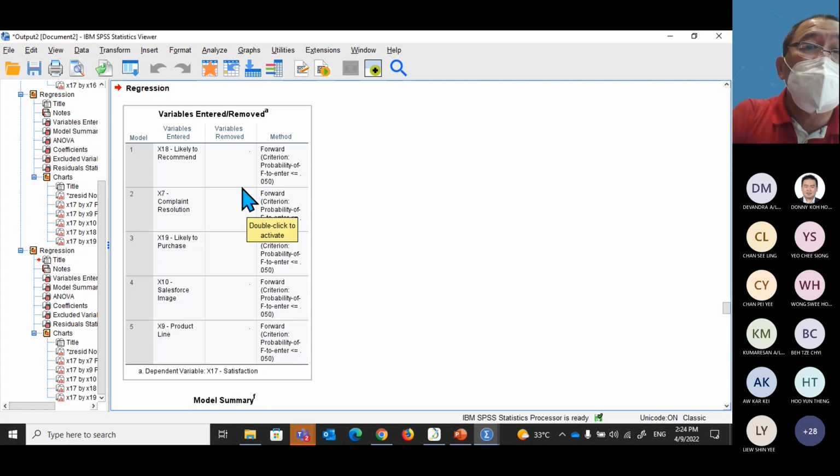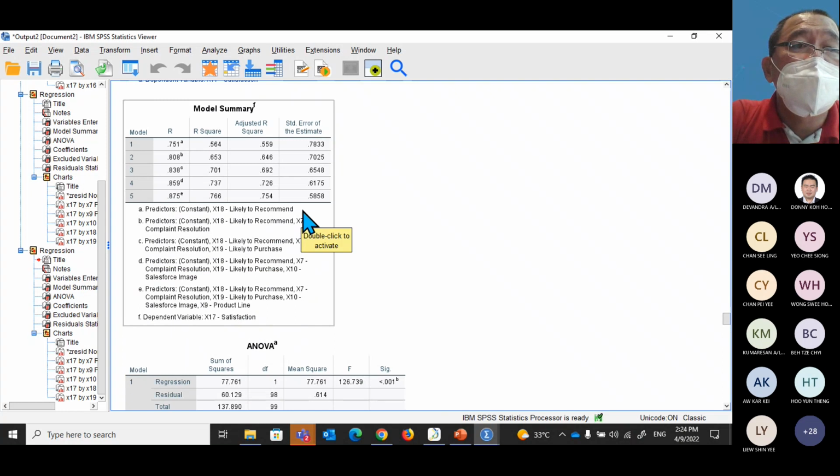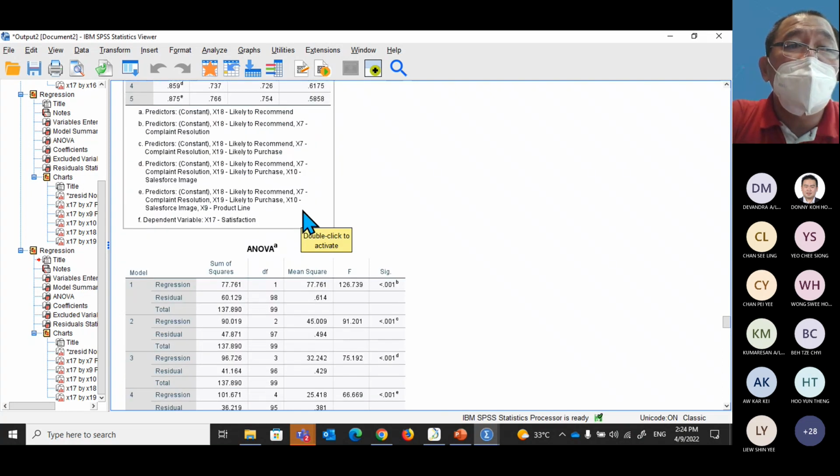You see the forward method, the criterion is F to enter. Can you see we use the p-value of F, not T? Yes, F is correct. So less than 0.05 we enter. First likely to recommend, then second is complaint resolution, and after this likely to purchase, and then Salesforce image.